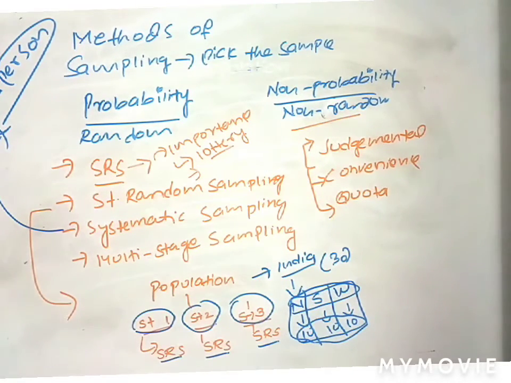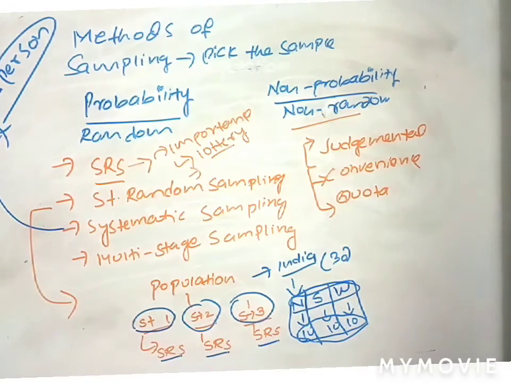So this can be used in a classroom or in a population. For example, in a population of different places, we can pick every fifth person or 10th person or every 15th person of a particular row. That is called systematic sampling.